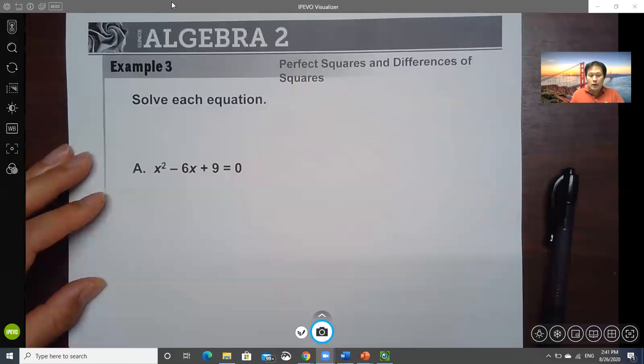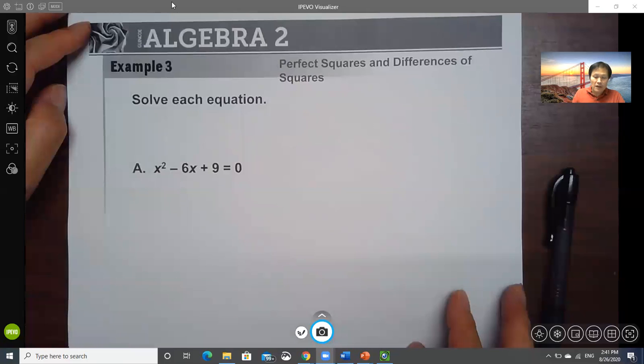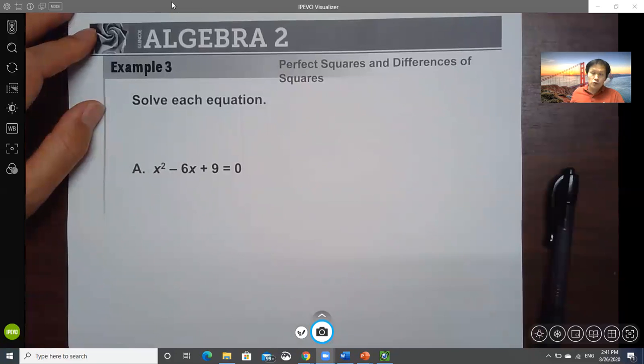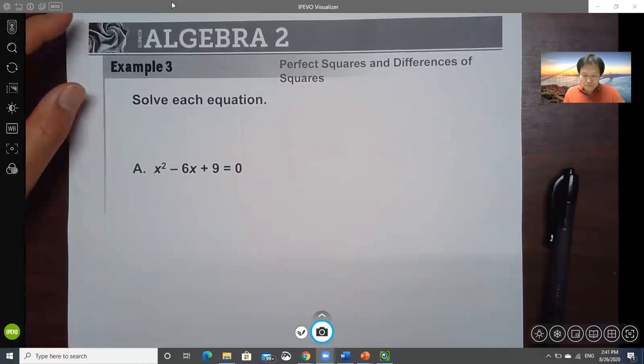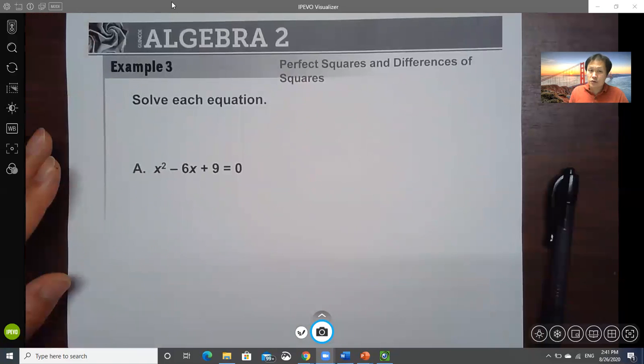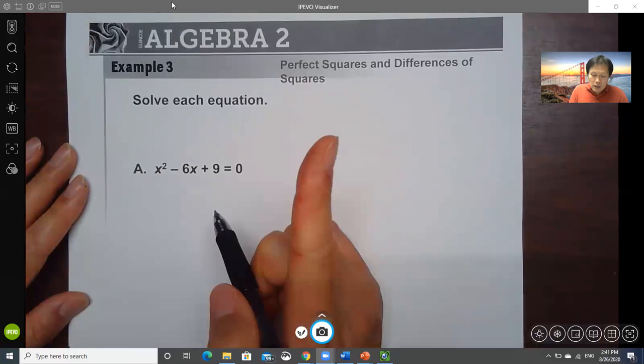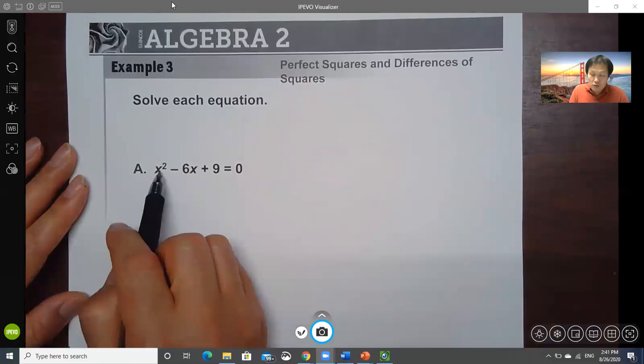Then I'm going to introduce one factoring method. If you remember factoring from Algebra 1, stick to it. If you don't remember, then here's one method you can use for factoring of a quadratic function. First, coefficient of x squared. Coefficient means the number in front of x squared.